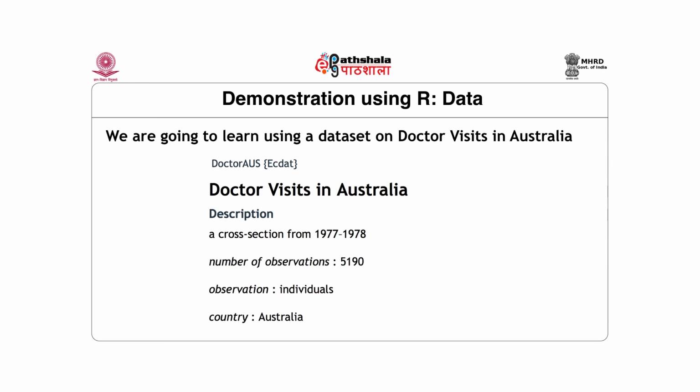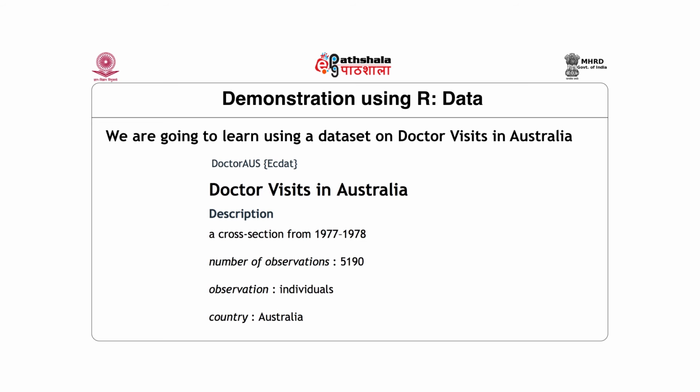And within that ECDAT package, there is a data set called Dr. AUS. Basically, this is a study on doctor visits in Australia in the years 1977 to 1978. They had a total of about 5,000 observations on individuals, based on Australian studies.